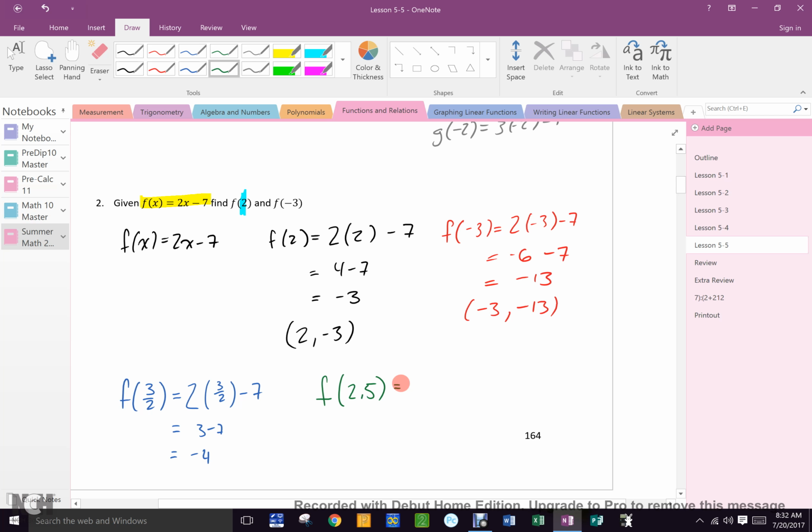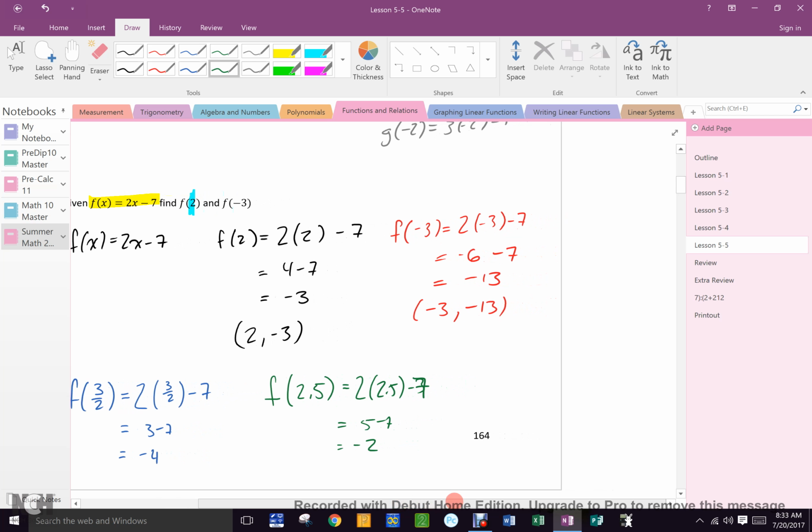What do you do? It's 2 times 2.5 minus 7, which is 5 minus 7, which is negative 2. Good. Now finally, the real test, the one that really bothers me. What if I gave you the f? I want the f of lightning bolt.